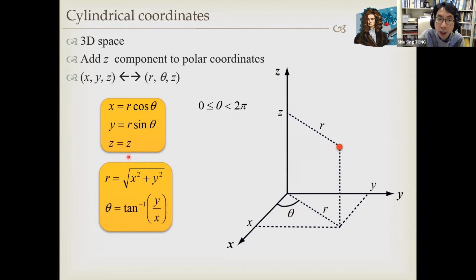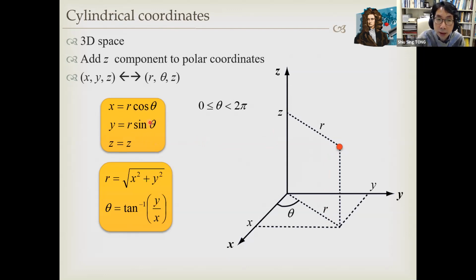Okay, so now we have a complete transformation from the cylindrical coordinate, which consists of the distance r from the z-axis, the angle that this projection point makes with the x-axis, that is theta, and also the height, which is described as z. Okay, so that completes the transformation.